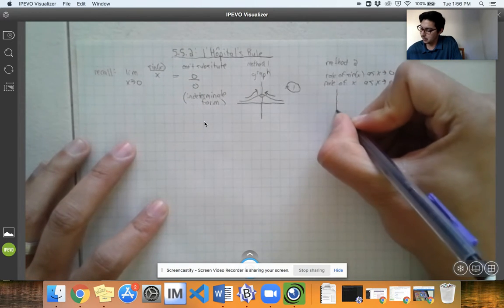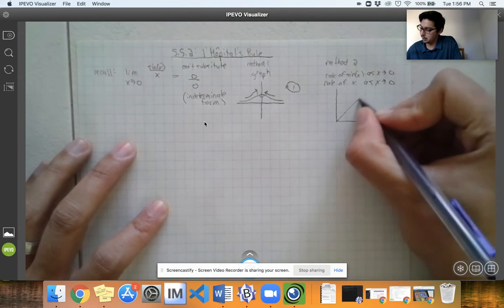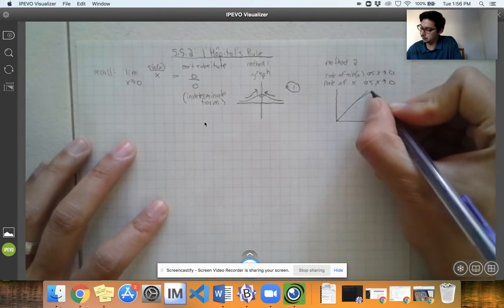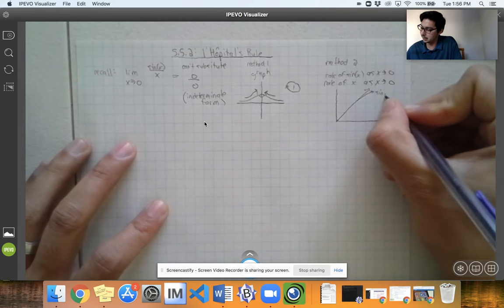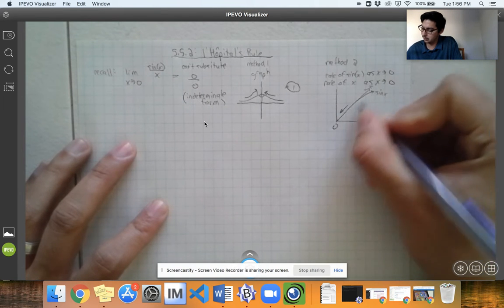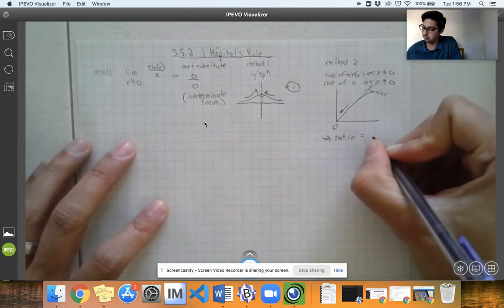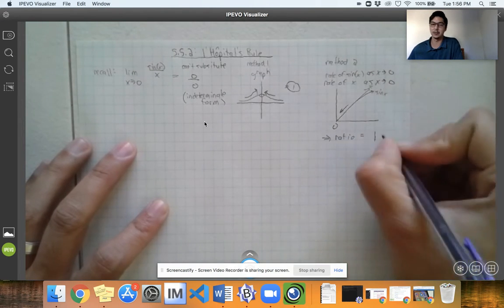If you looked at each function separately, they were almost identical. That's sine of x, that's x. As you approach 0, they were identical, which implies that the ratio was 1, which therefore checked our answer.